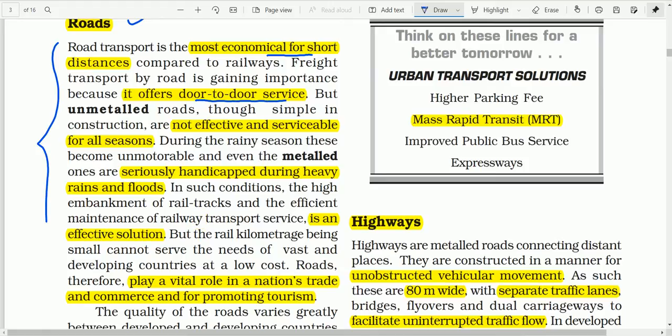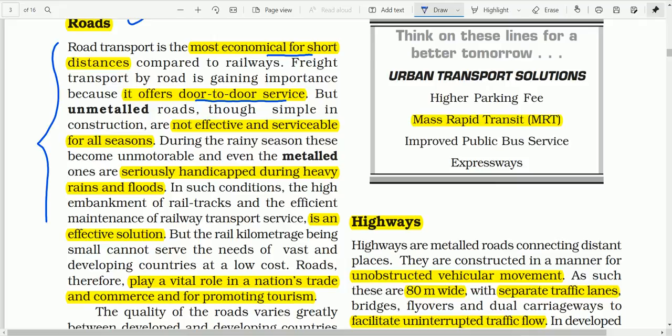So unlike railways, the trains cannot enter up to our gate, but the roadways provide vehicles that can enter till our courtyard, till our gate. So this means that it provides door-to-door services. Hence, the importance of roadways is gaining day by day.